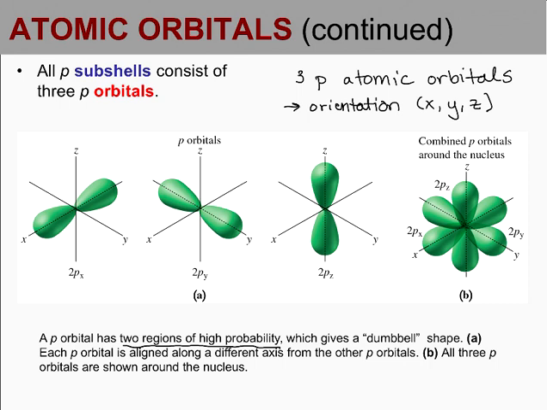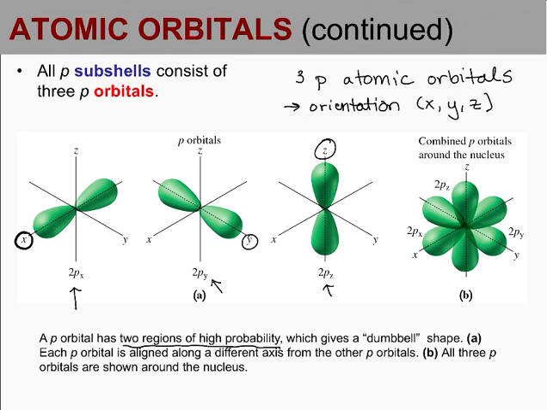So you'll notice this first p orbital lies along the x-axis. And then this second p orbital lies along the y-axis. And then the third p orbital lies along the z-axis. So these are our three-dimensional coordinates.